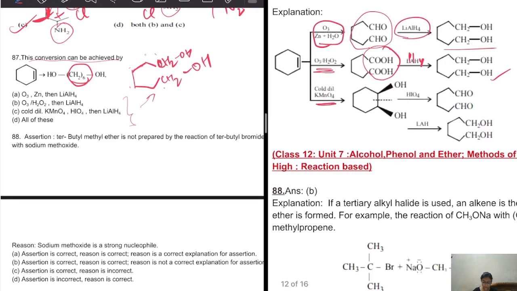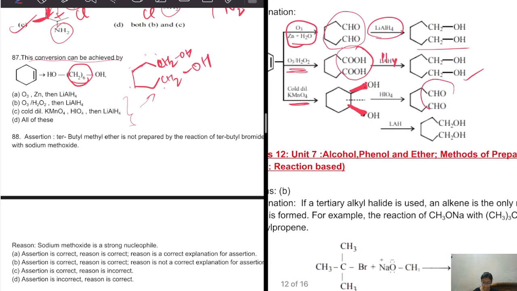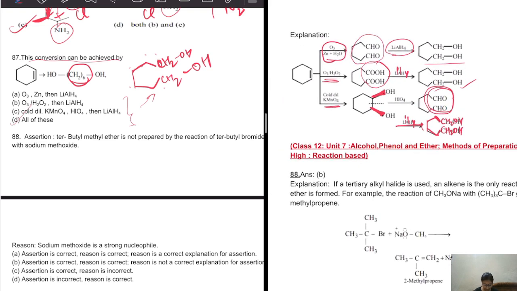It will add OH here. Dihydroxylation would be there. And then we have HIO4, so this will oxidize it to CHO. And then here we have LAH, that is LiAlH4. This will then reduce it to CH2OH, CH2OH. The correct answer would be all of these.